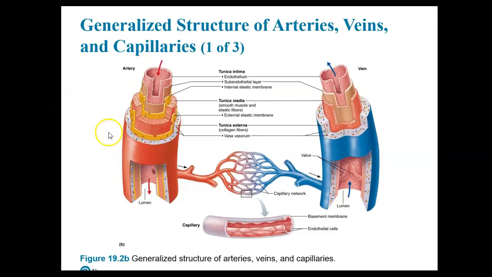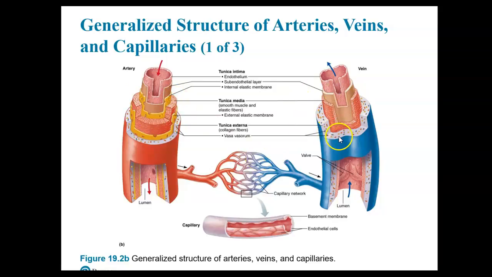Let's look at the difference between an artery and a vein. Notice that in an artery, the lumen, meaning the opening through the artery, is usually smaller. The tunica media, which is the muscular layer, is thicker because the arteries have to withstand high pressure.